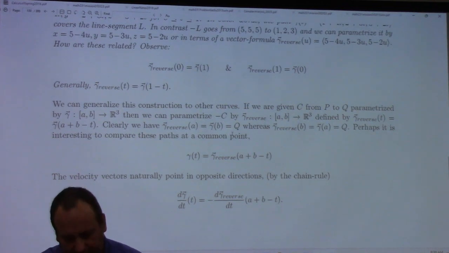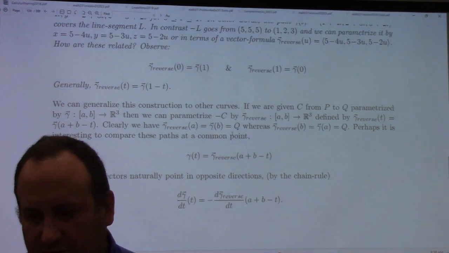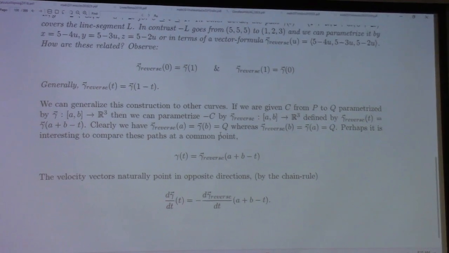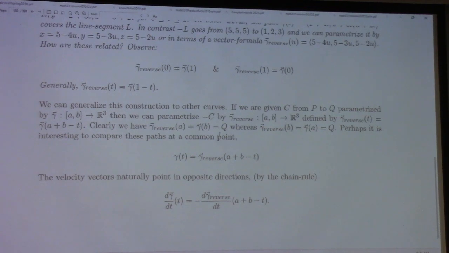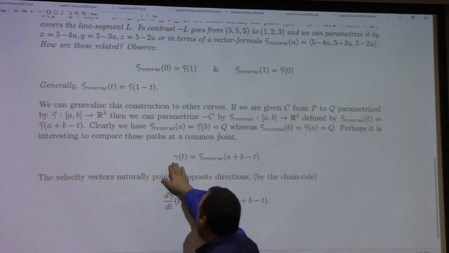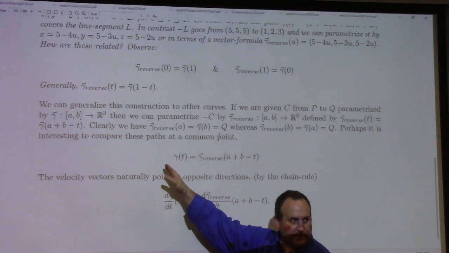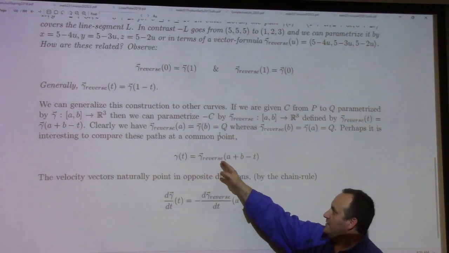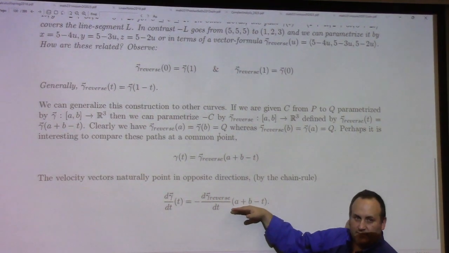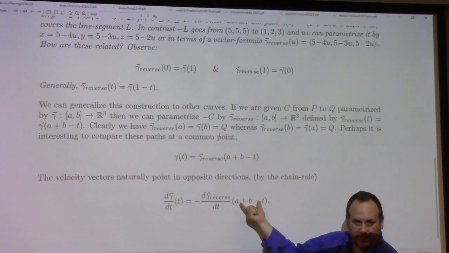Now, you can derive that by just differentiating the equation above and using the chain rule, right? Do you see that, guys? If we differentiate this equation with respect to time, we get d gamma dt on this side. But on this side, we get the derivative of the function, and then by the chain rule, because the argument of the function is not t, we have to multiply by the derivative of the argument.